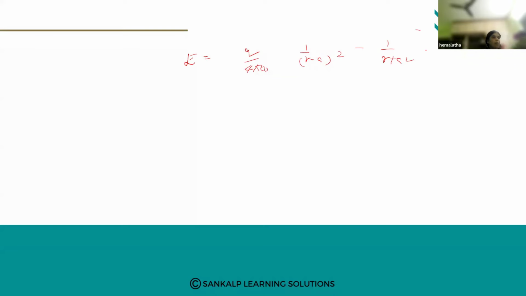If you take the constant common, one is plus q and one is minus q, so it comes out like this. This is the formula.